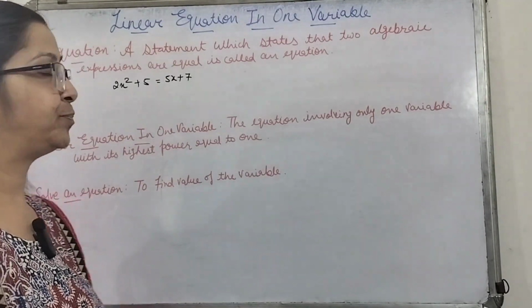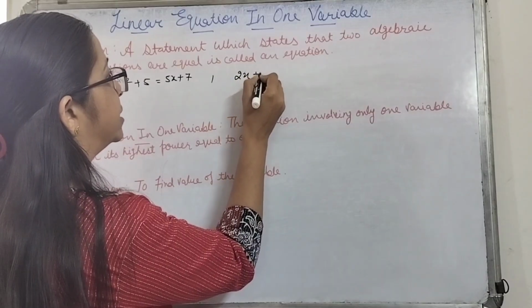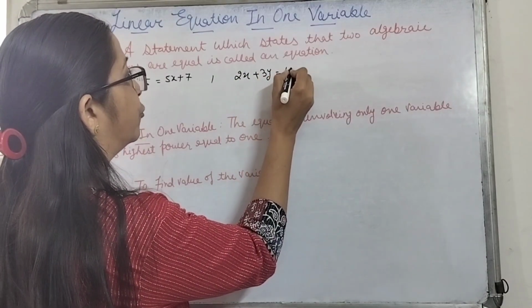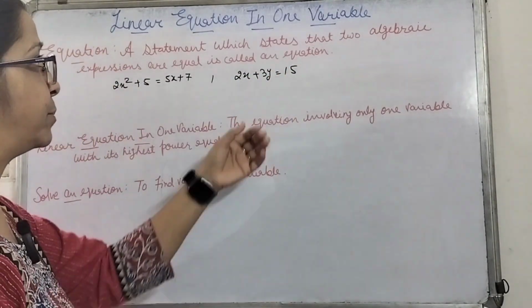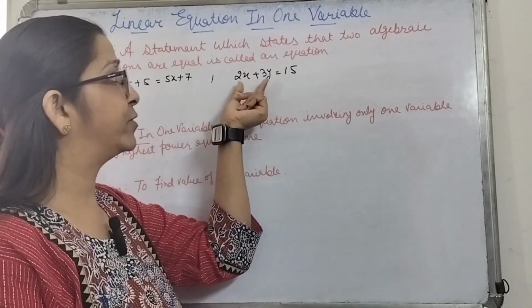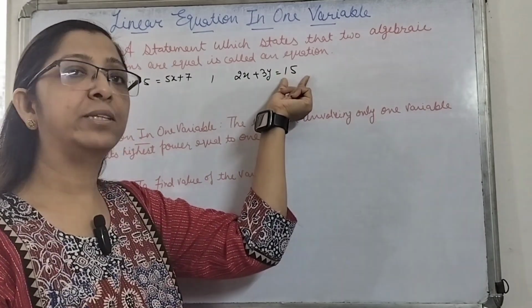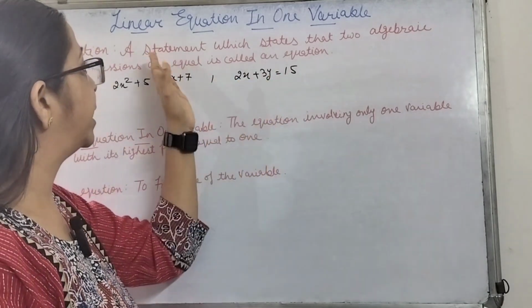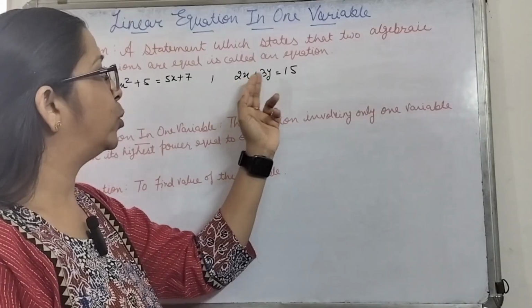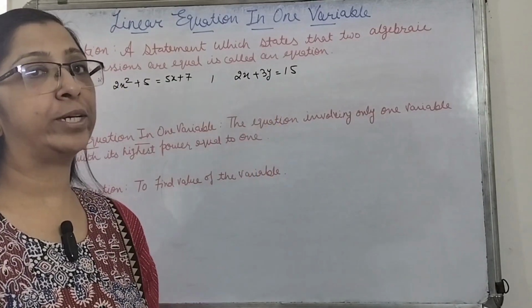Similarly, we can take another example, say 2x plus 3y is equivalent to 15. It is even an equation which shows that 2x plus 3y, which is an algebraic expression, is equivalent to another algebraic expression, that is 15. So when any statement shows that two algebraic expressions are equal, it is known as an equation.